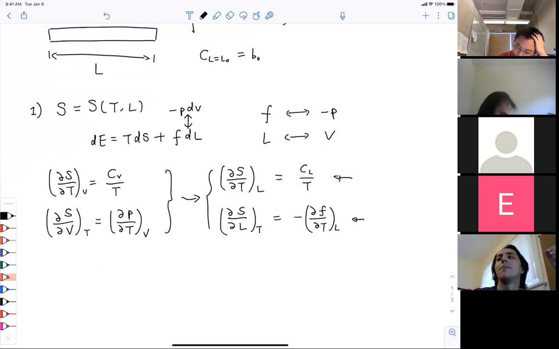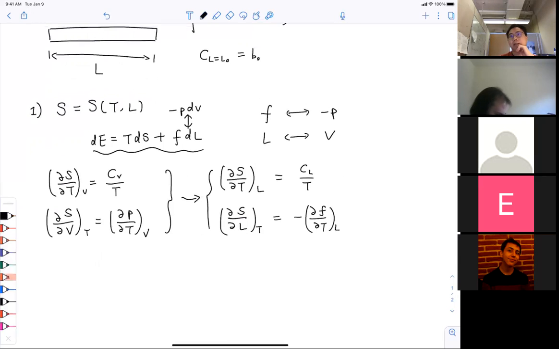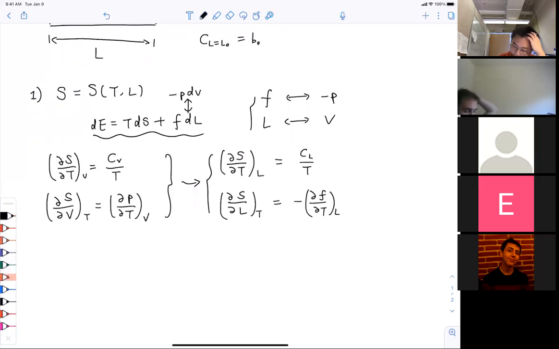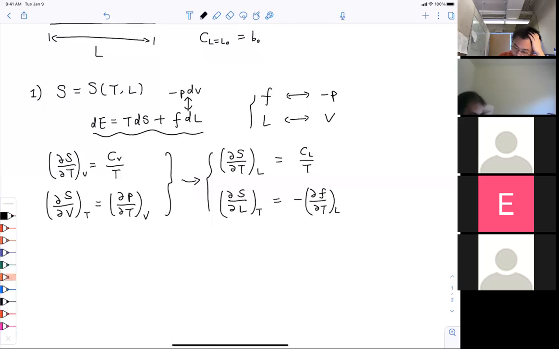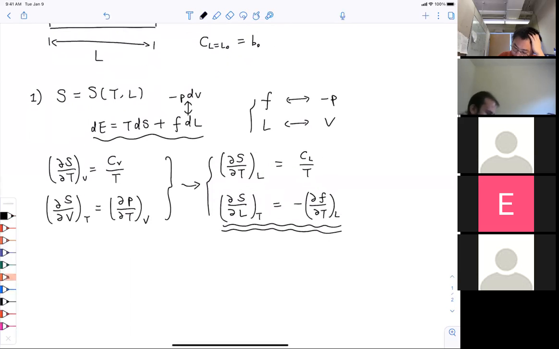Of course, you can derive those two equations from this expression, similar to what we did for minus P dV. But you can just identify those two and use them. Okay, so let's look at the second equation. Because we know the equation of state, we can calculate the right-hand side of this equation.